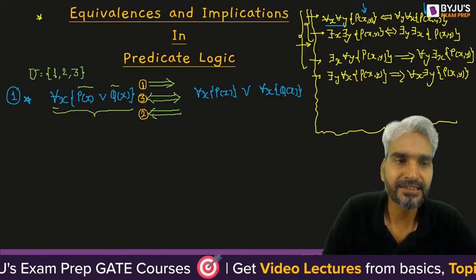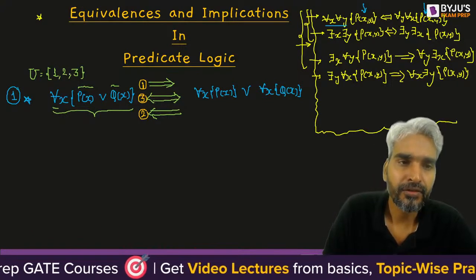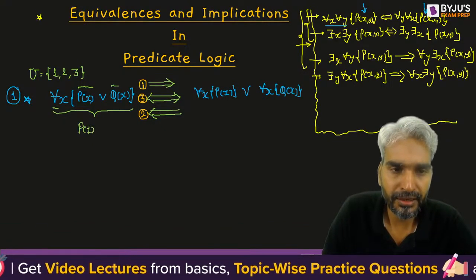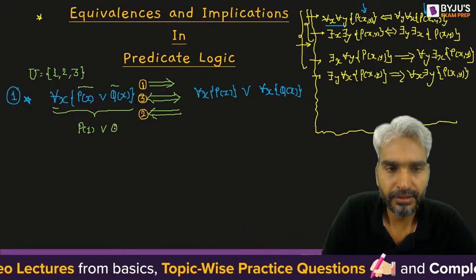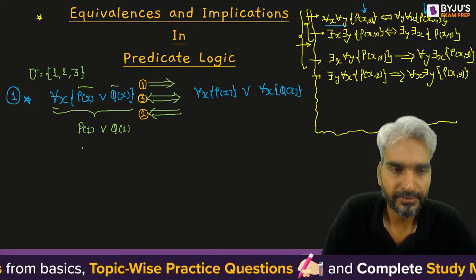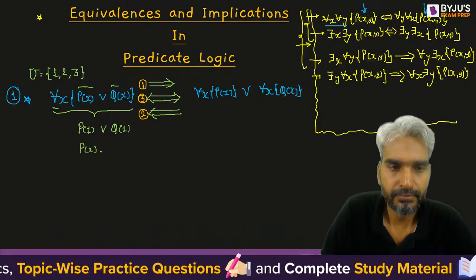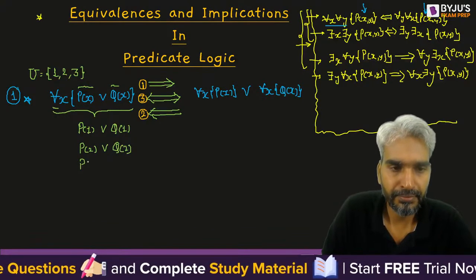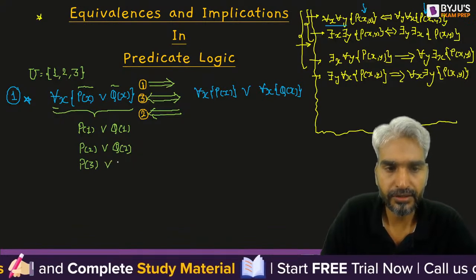So the idea is, if these are the 3 elements, 1, 2, 3, then basically you will check P1 or with Q1, P2 or with Q2, and P3 or with Q3.